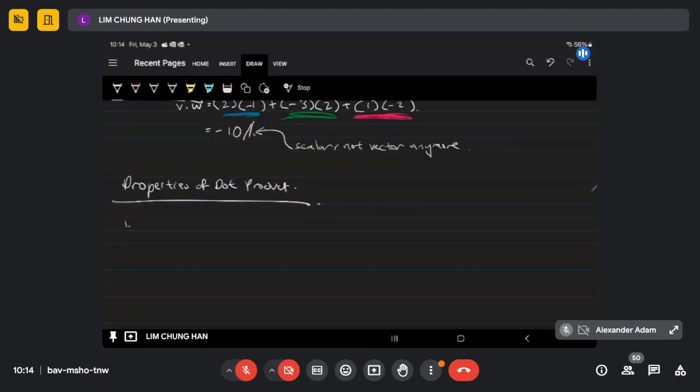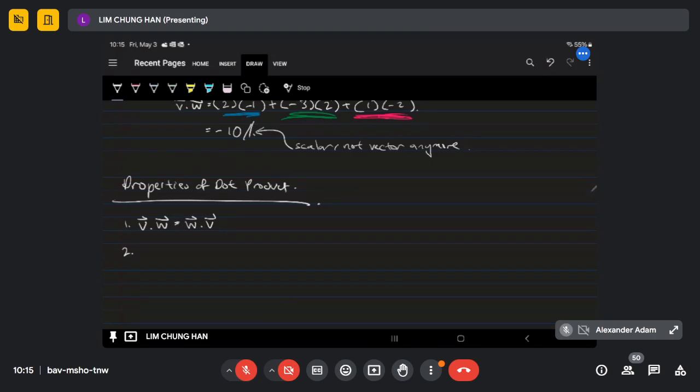So there are 1, 2, 3, 4, 5 rules that govern the behavior of a dot product. First, if I have a vector v dot product with a vector w, you will get the same answer if you do vector w dot product with vector v. Same answer.